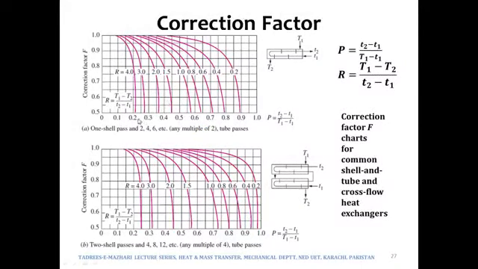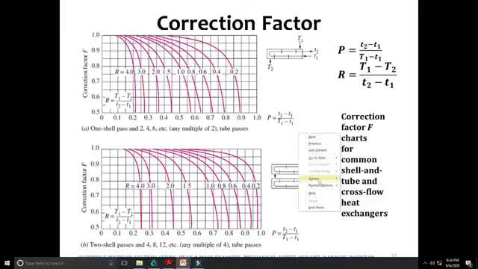So on the x-axis is a certain parameter which is P, which will be found out using (t2 minus t1) over (T1 minus t1). So there are small t's and large T's as well. Now what are those small t's and large T's?